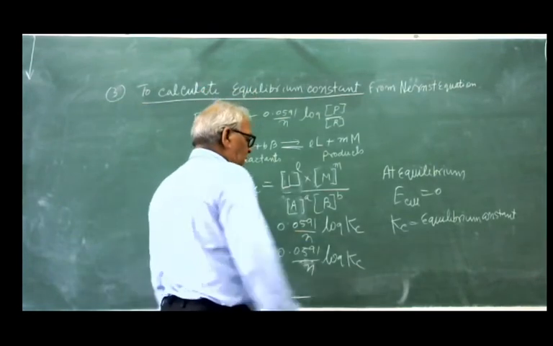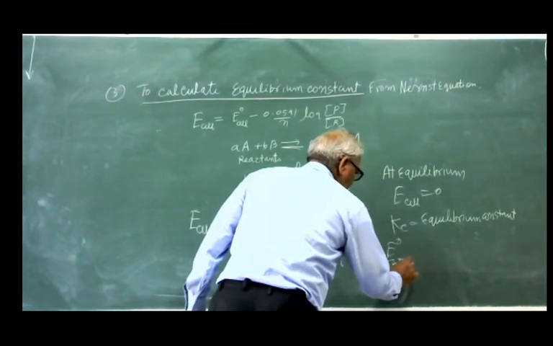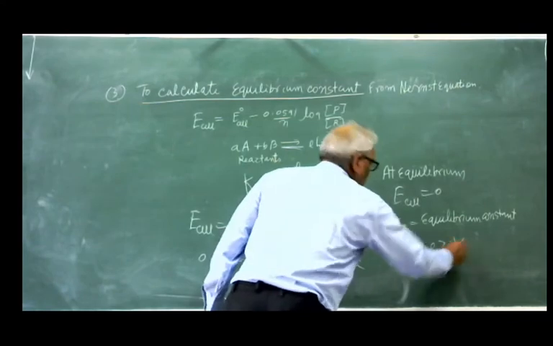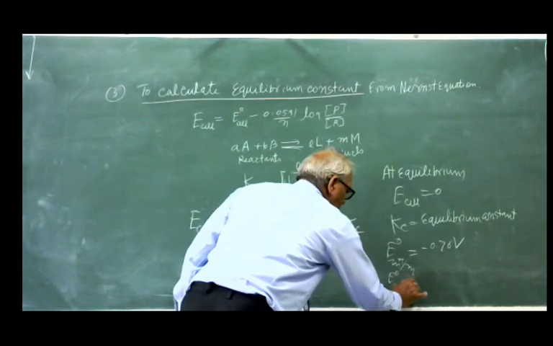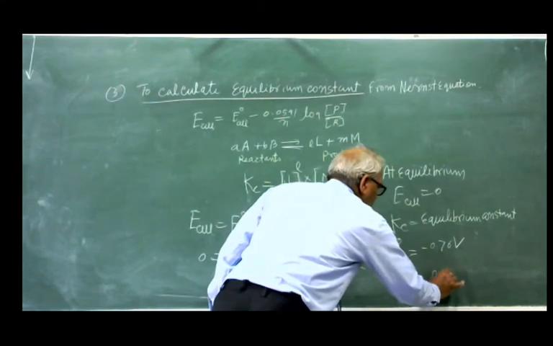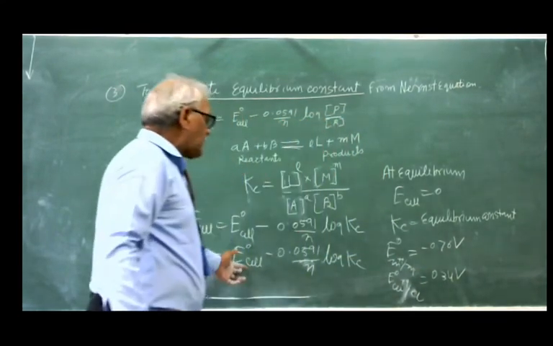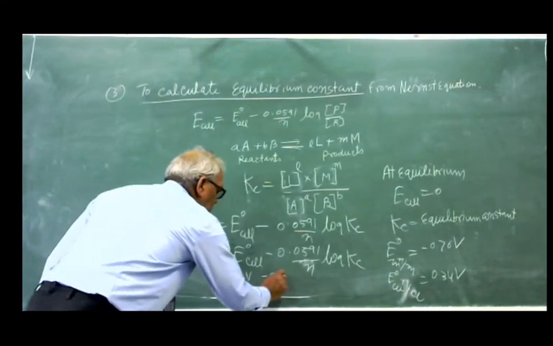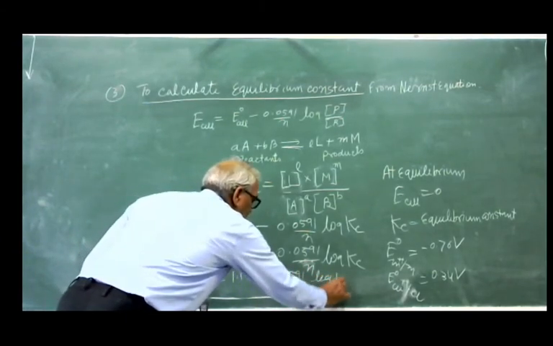For example, if E0 of zinc ion to zinc metal is minus 0.76 volt, same example, and E0 of copper ion to copper metal is equal to 0.34 volt. So the difference of these two, you will see, is 1.1 volt minus 0.0591 upon 2 log Kc.